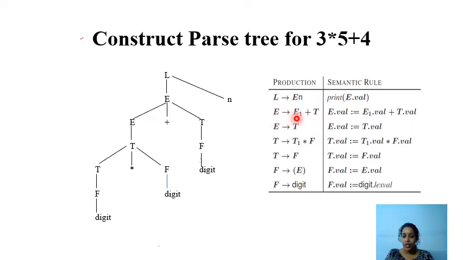To distinguish LHS E and RHS E, we simply put the suffix 1. E gives E plus T, and this E gives T, and this T takes a production T star F, and from T we require a digit, that is F. T gives F, F gives digit, here F gives digit, T gives F, F gives digit. That's it. We got a parse tree.